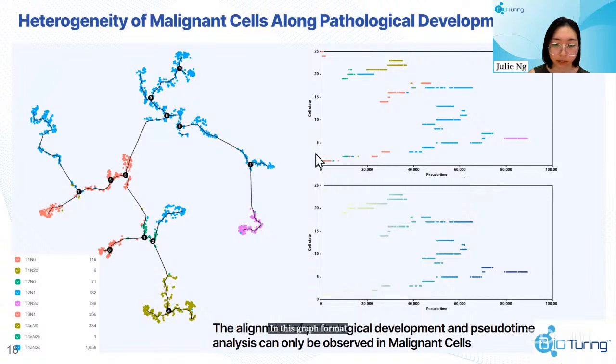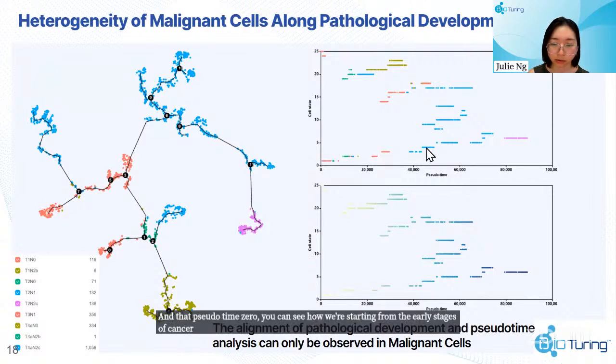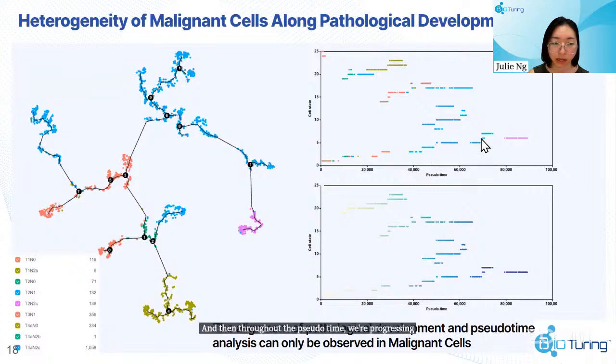So again, if we start at cell state 0 and at pseudotime 0, you can see how we're starting from the early stages of cancer. And then throughout the pseudotime, we're progressing through the cell states and through the stages of cancer as well.